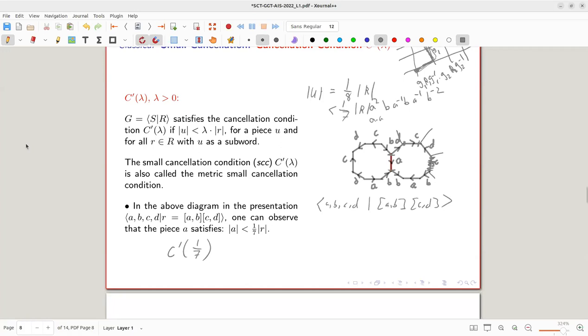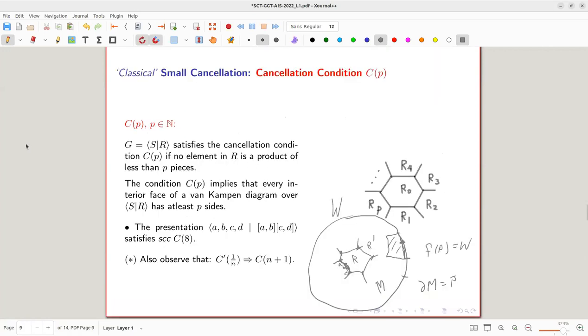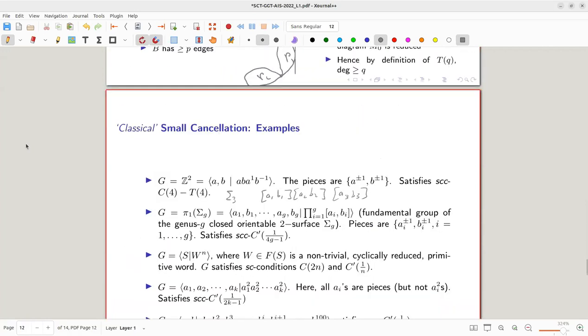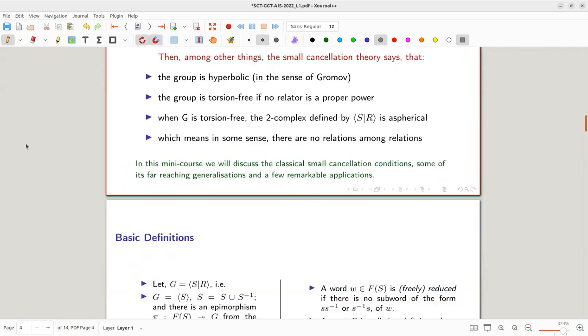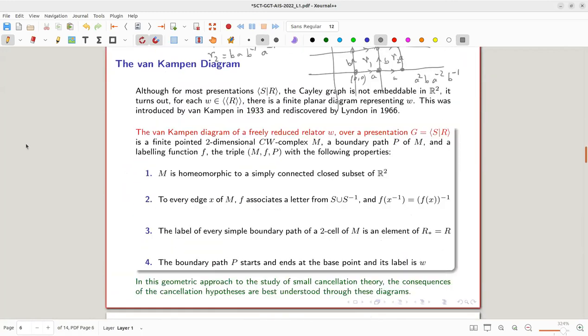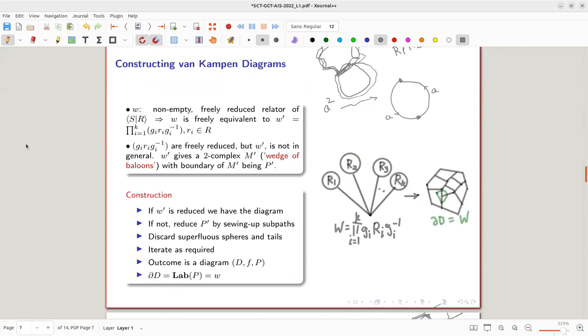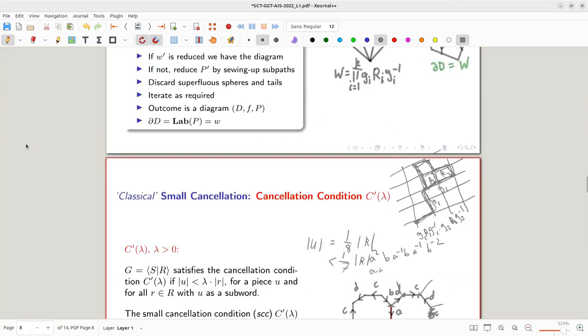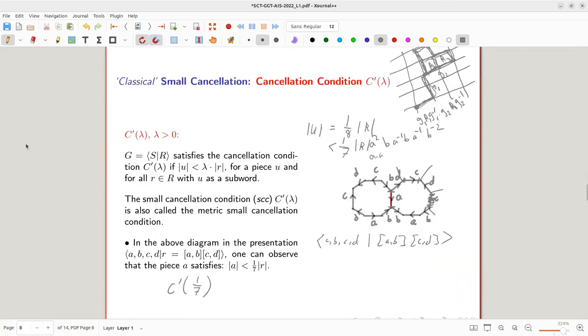What was your question? There is a single relator group, and if you go back to the definition, the C prime lambda definition slide. So here, what is your R? What is my R? If it is a single relator, what does it mean?